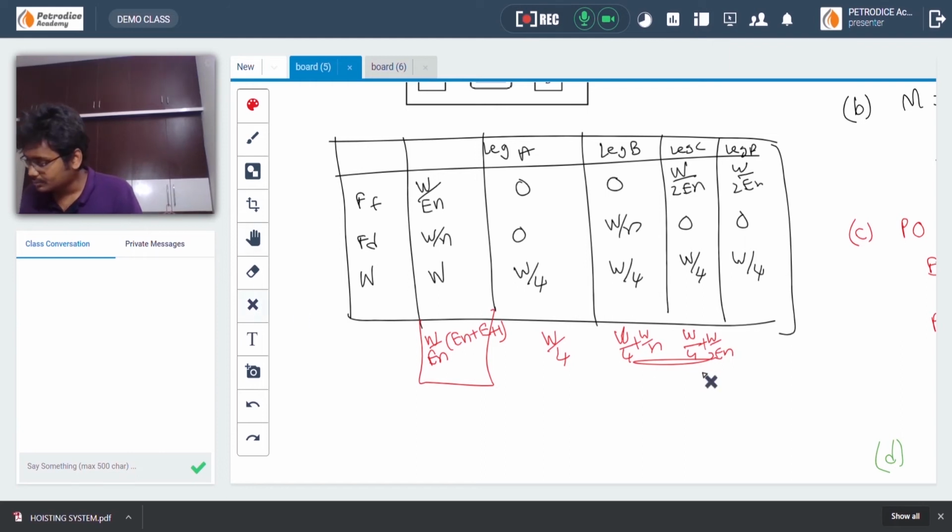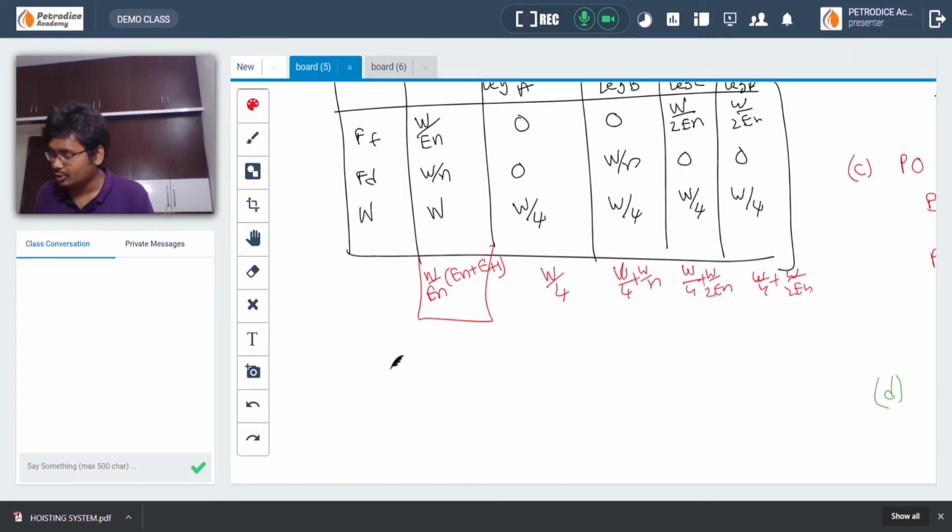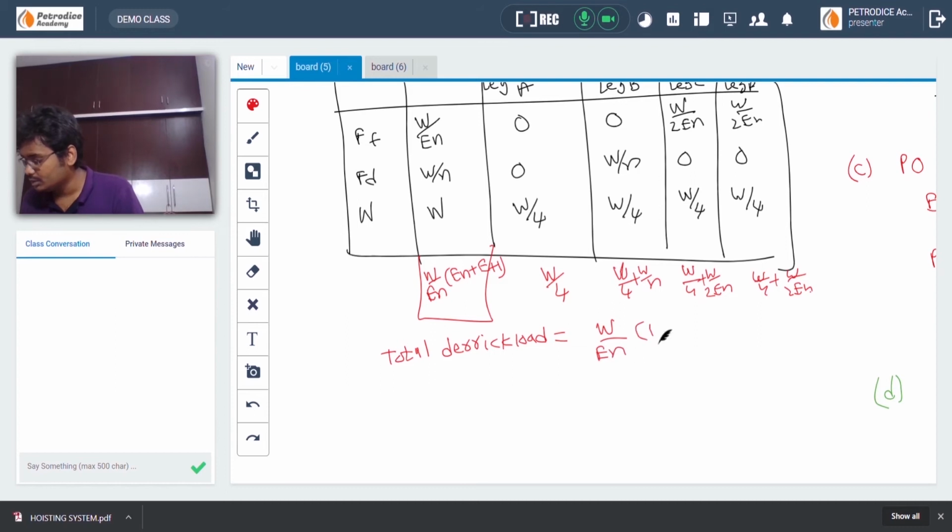Okay, from this particular one, the total derrick load will be W by En into En plus E plus 1.